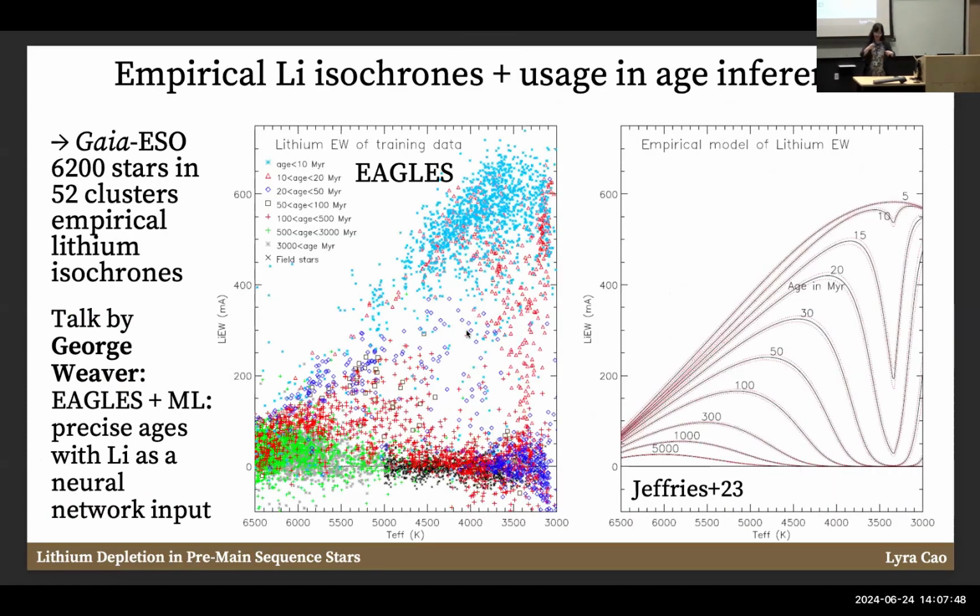So I wanted to talk about some of the really cool stuff that's being done right now with lots of new surveys that are coming online, lots of new data coming in from these large spectroscopic surveys. Here's the EAGLES project, led by Rob Jeffries and collaborators, using Gaia-ESO data, looking at a whole bunch of these different stars from clusters. And so you can see these are lithium depletion patterns.